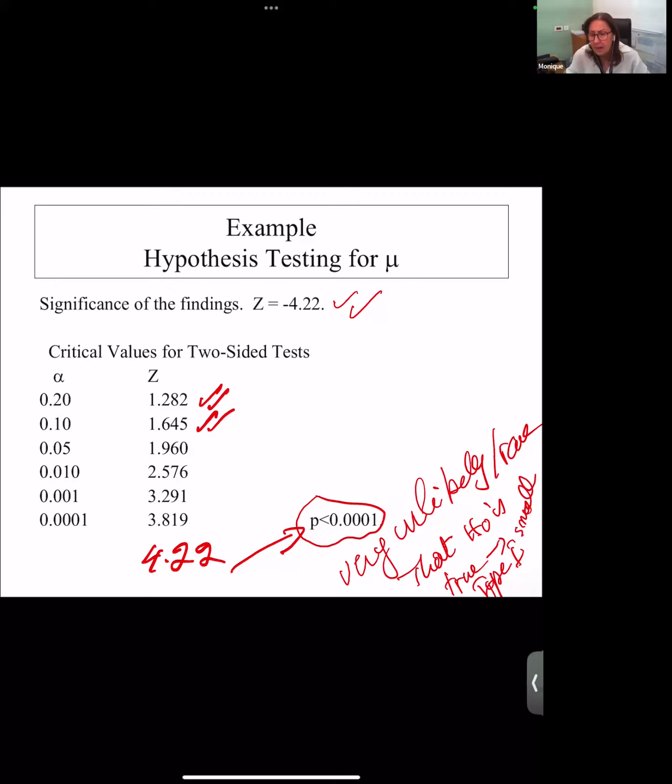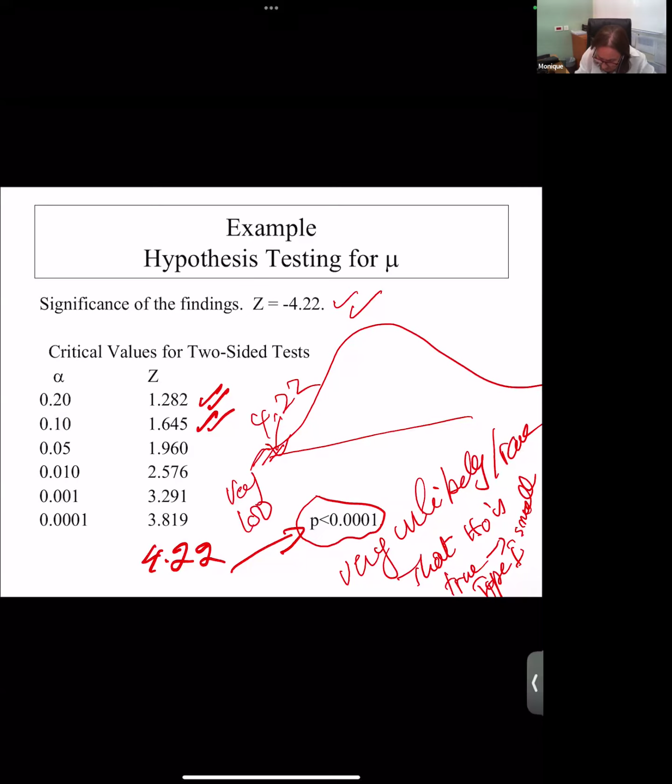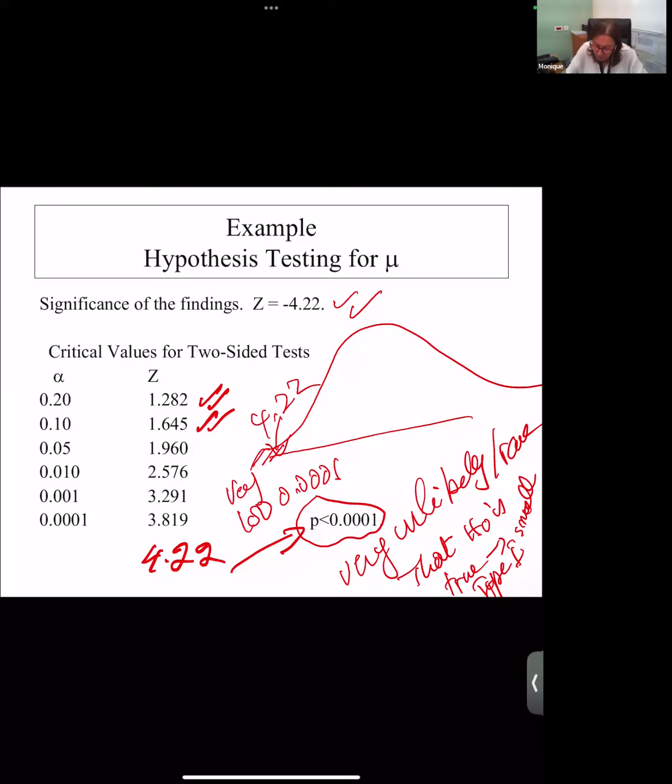So when we get a very high Z value or test statistic, we're still under H0, but we are at the tail, at the very end. And the probability of finding this under H0 is 4.22, so its probability is very low, 0.0001. At this point, what is my decision with respect to H0?